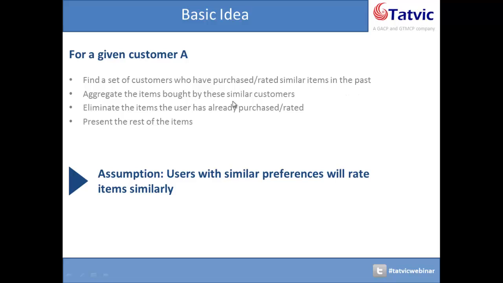Then the items bought by these similar customers are aggregated. Now, the algorithm will eliminate items that customer A has already purchased and recommend the rest of the other items to the given customer. So this is the basic idea behind collaborative filtering: finding the similar customers, finding the items they like, and then presenting those items to the given customer.